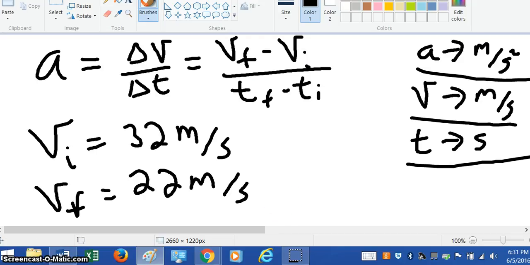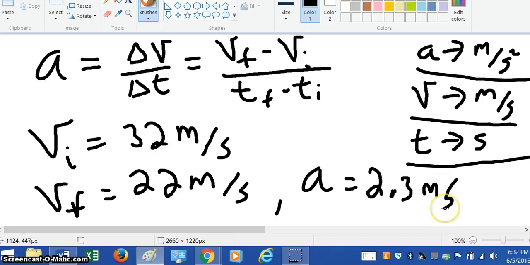Alright, and let's say that the car does this at a constant acceleration. I'm just going to make this up. Let's say a constant acceleration of, I don't know, how about 2.3 meters per second squared. Those are the units of acceleration.